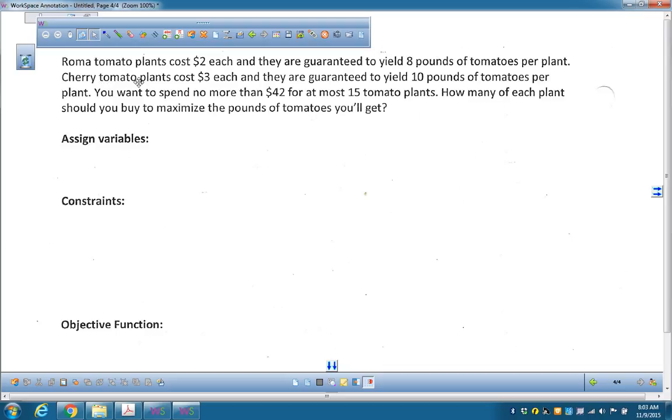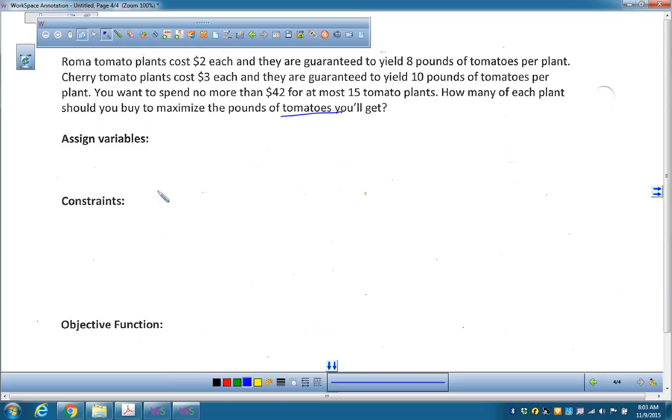Cherry tomatoes cost $3 each and they're guaranteed to yield 10 pounds of tomatoes per plant. You want to spend no more than $40 for at most 15 tomato plants. How many of each plant should you buy to maximize the pounds of tomatoes you'll get?